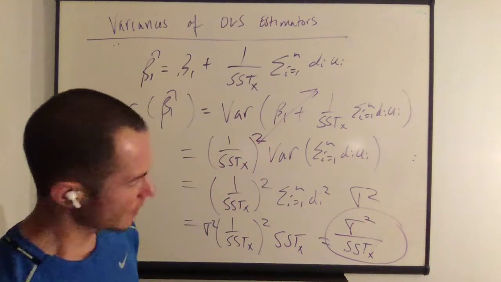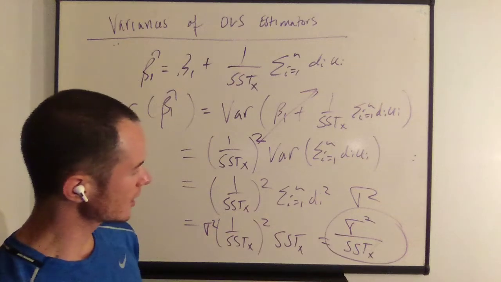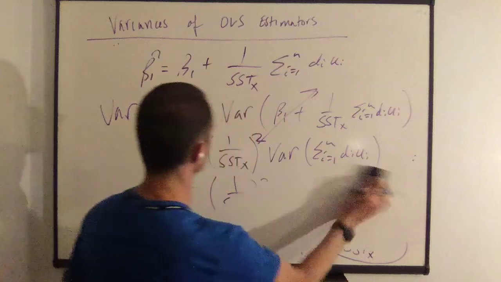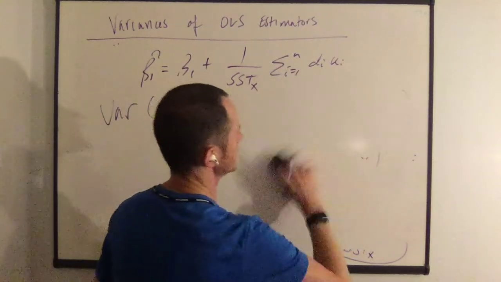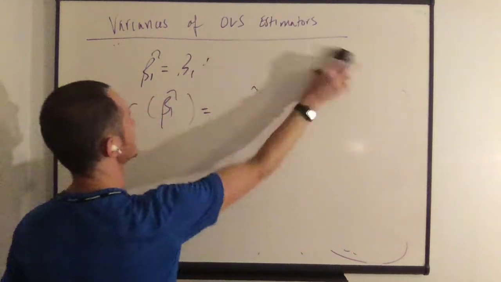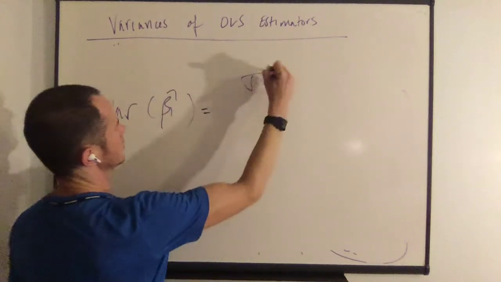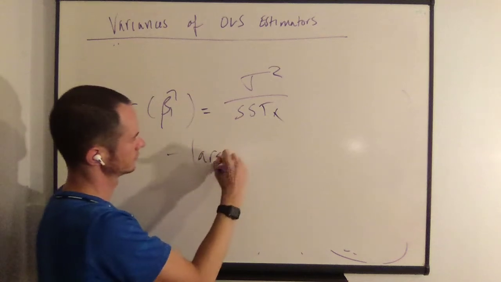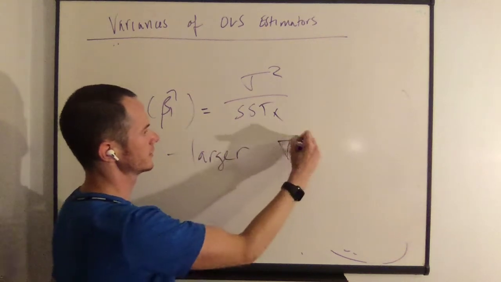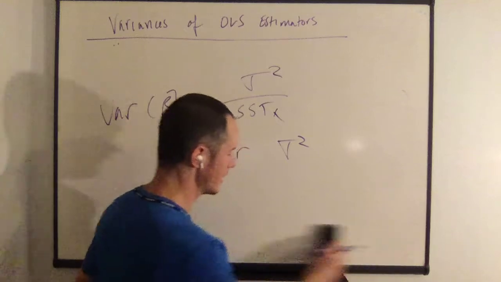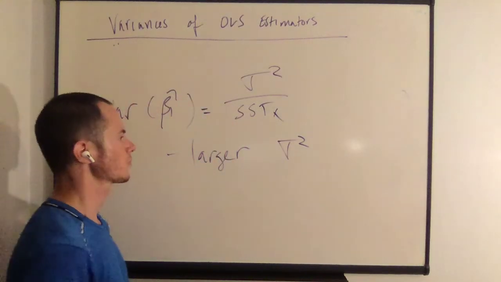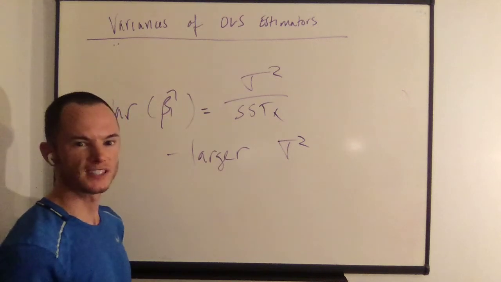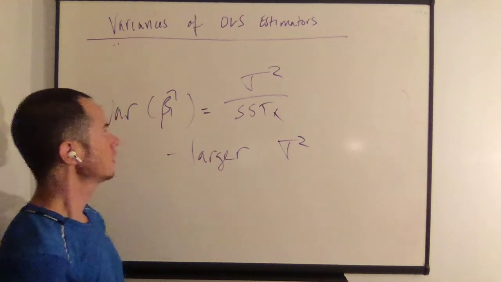All right, now let's think about what this means. What can we interpret from this expression? The larger the error variance, or the standard error of the regression, so the poorer the fit of the model, the larger the variance of beta 1 hat is going to be.